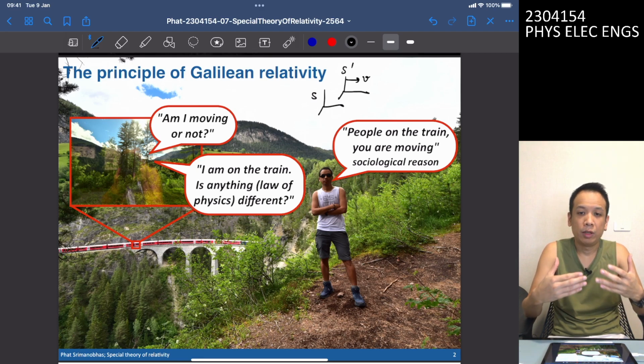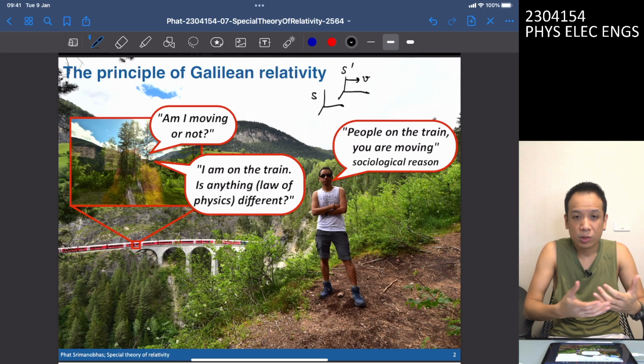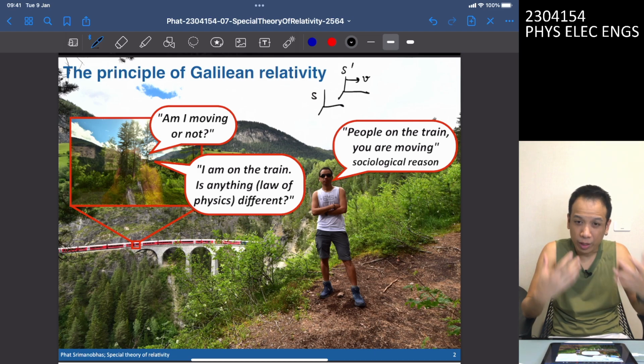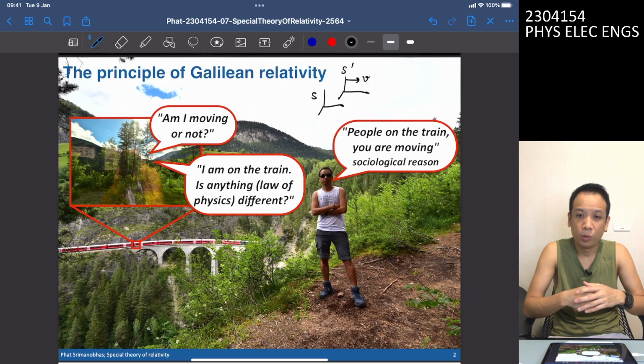But if you are sitting with your eyes closed on a train traveling with constant velocity, you cannot really say whether you or the outside is moving. Even if you open your eyes and look around, without any other reasoning, you will not know whether you're moving, or the tree, the mountain, the river outside is moving.